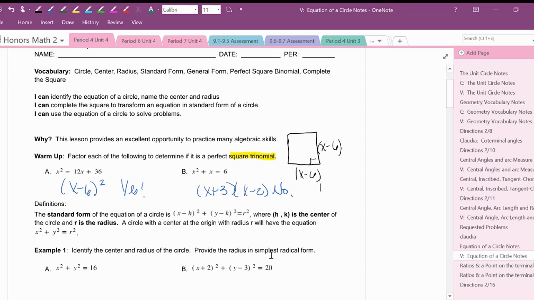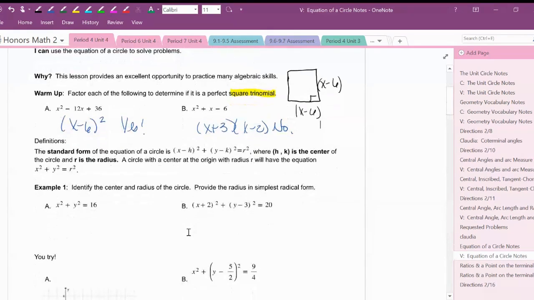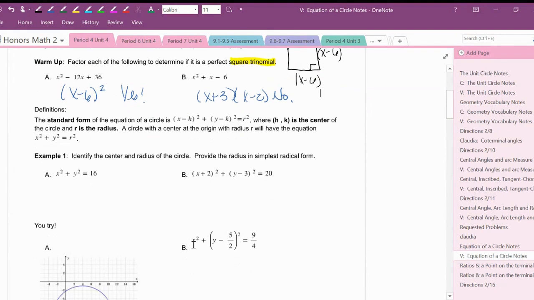And today we'll be talking about 2 forms of an equation of a circle. The first one is our standard form, and h comma k is the center of our circle, and r squared here, the length of the radius is r.